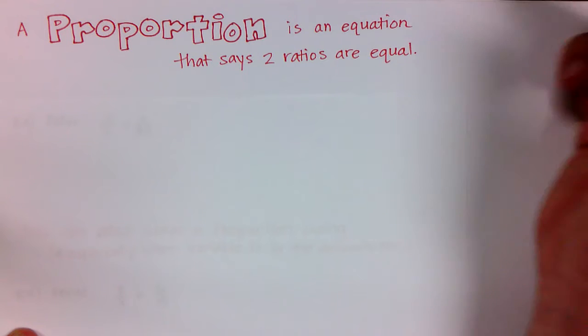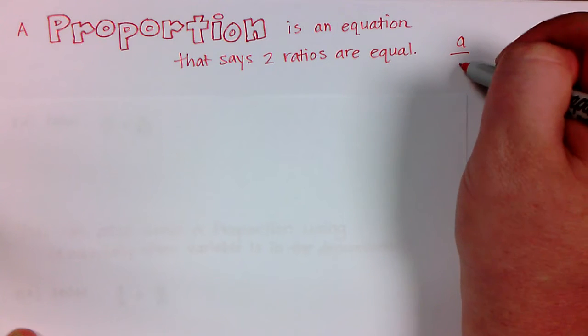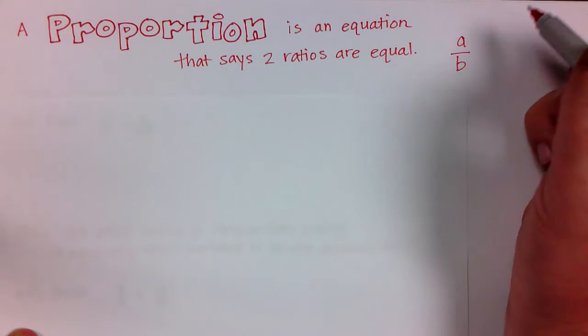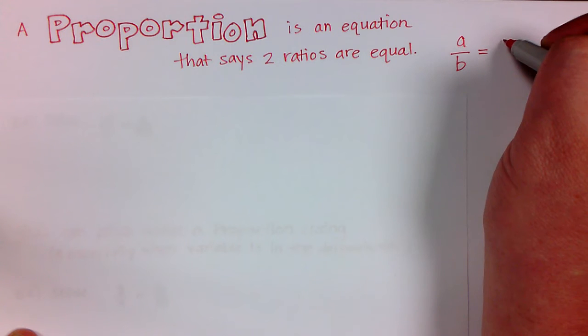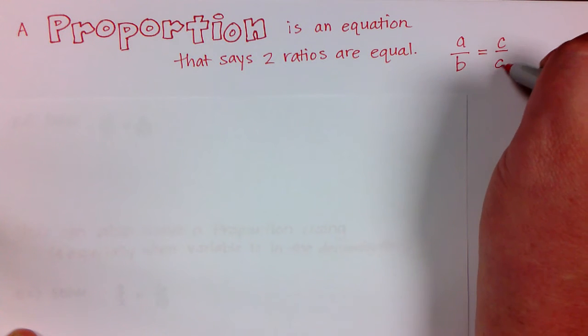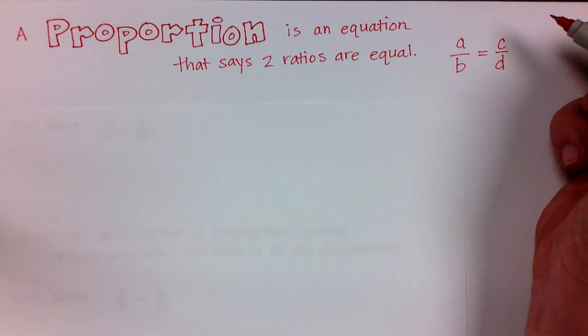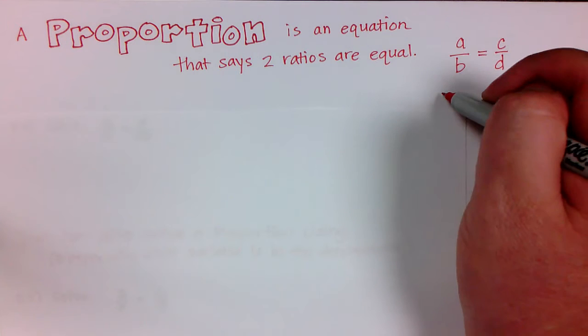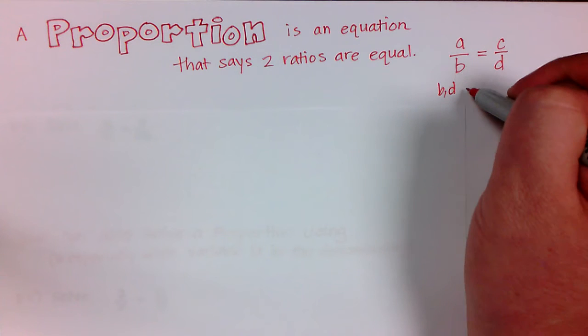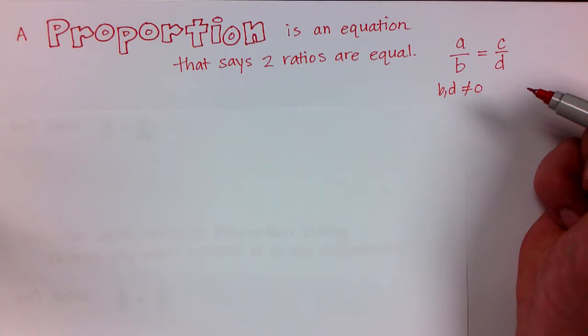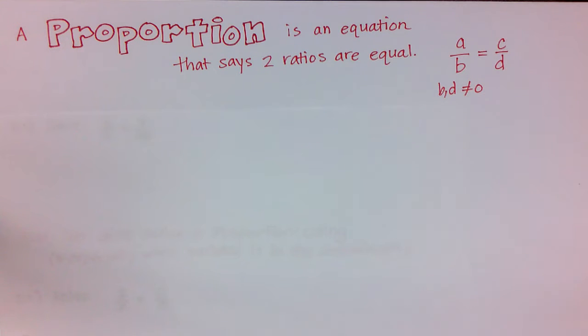So in general, I would probably normally write it as A over B as my first quantity would be equal to something else, C over D. Again, you just have to remember that B and also D, because they're the denominators, cannot equal 0.